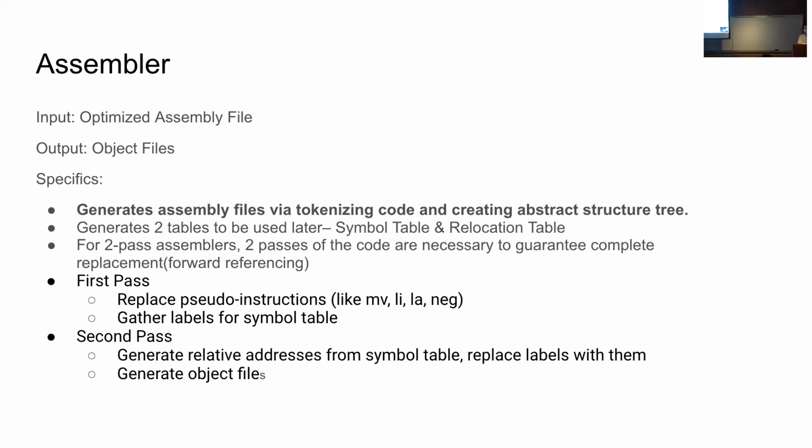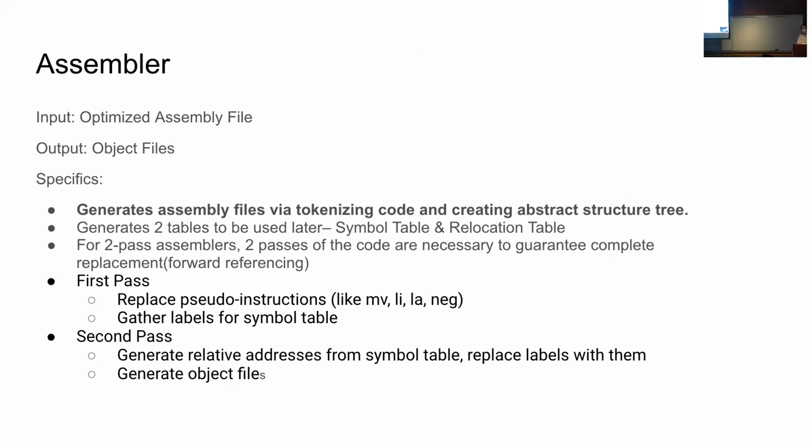Then moving on to the second step of the call stack is the assembler, whose inputs are an optimized assembly file or files. Object files are its output, and specifically it generates these files by going through the code with 2 passes.